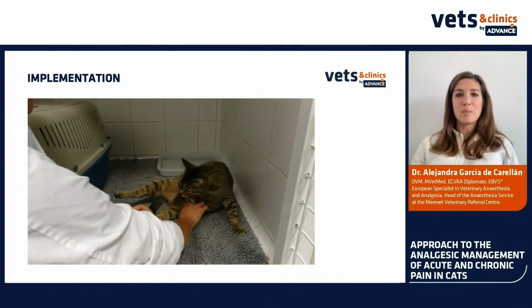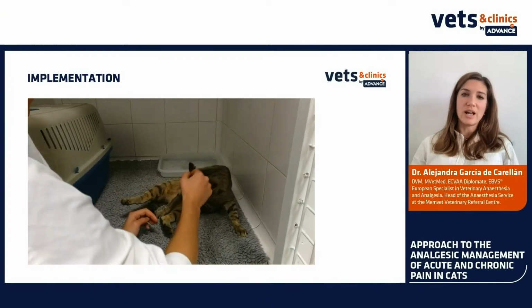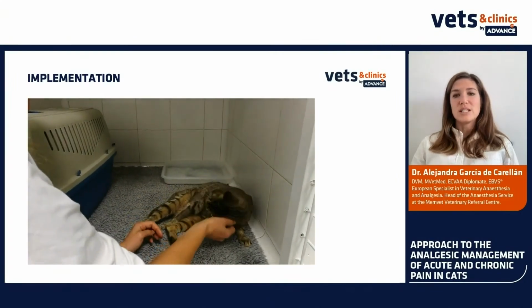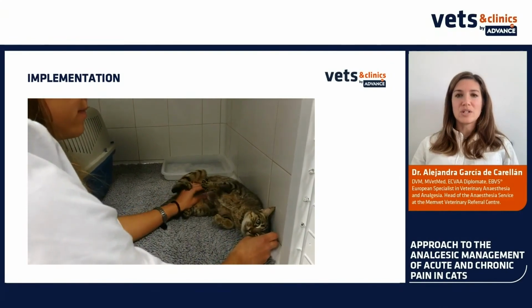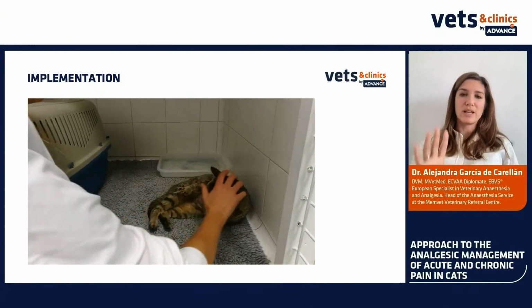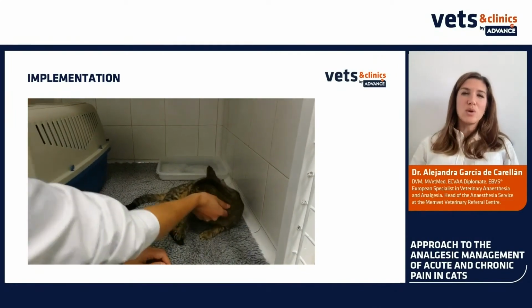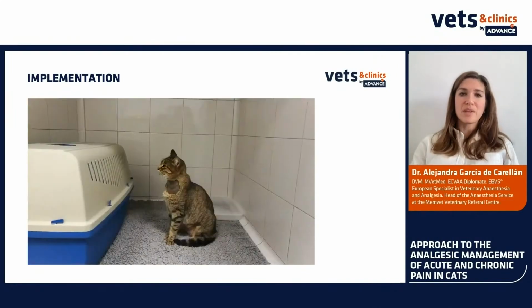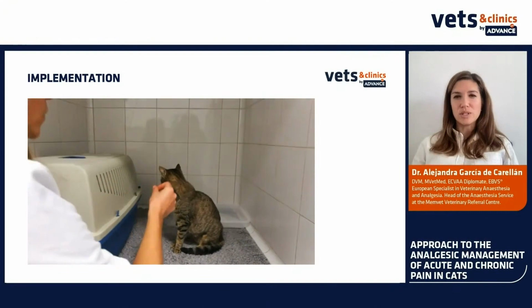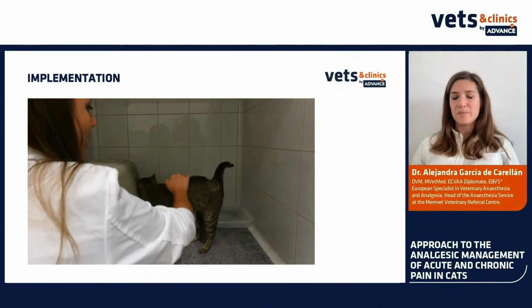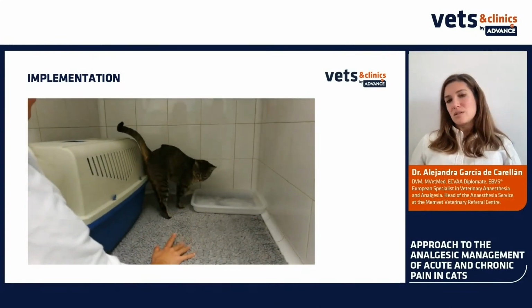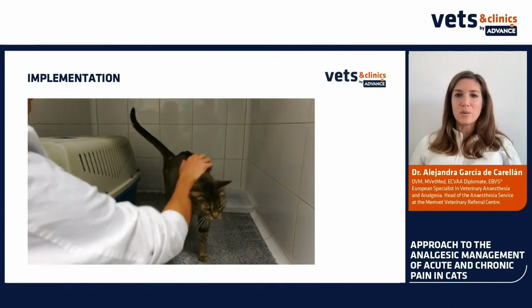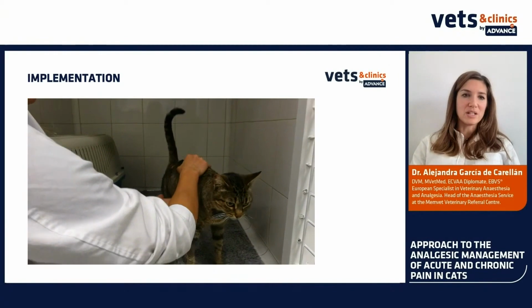However, when we palpate around the surgical area, she wasn't that happy. With gentle pressure, she marks you with the mouth as if to say, hey, stop. However, we only got 3/20, for example, in the Glasgow pain scale for cats. So she was happy with her pain medication.